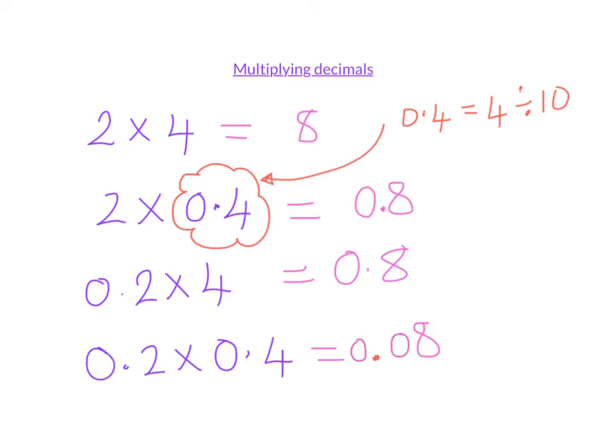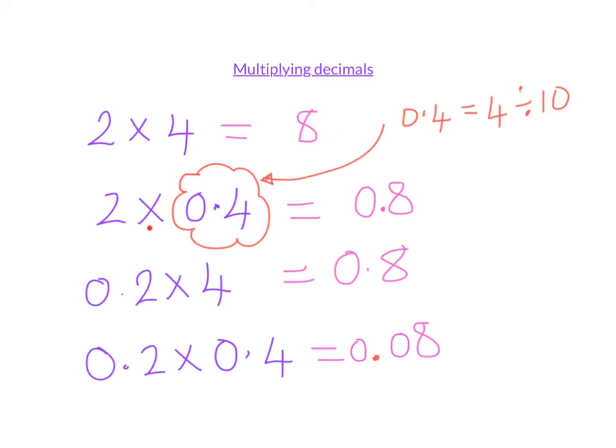Now for each of those, we've been thinking about the number before we started the multiplication and whether it's divided by 10. And we've been doing that division at the end. A quick way to check is to look at the numbers in your original question and see how many numbers are after the decimal point. Well, there's no numbers here after the decimal point, which means there's no numbers here after the decimal point.